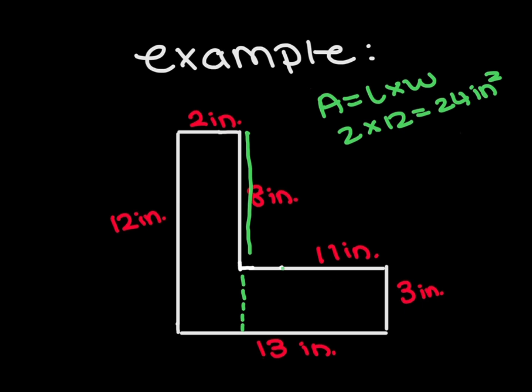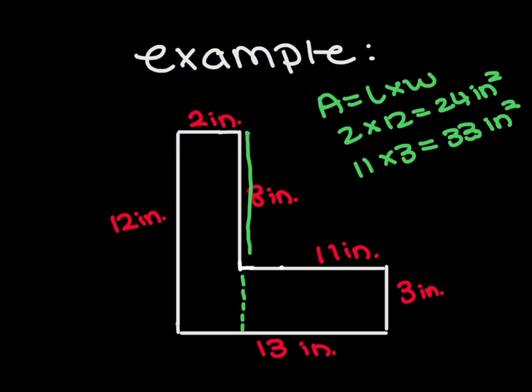Now let's focus on the second rectangle. So we know that this side is 11, and we know this side is 13. But we cannot use the 13 because it includes this segment, which we don't need. We only need this part. So that means we do 11, and then the width is 3, so 11 times 3 equals 33 inches squared.